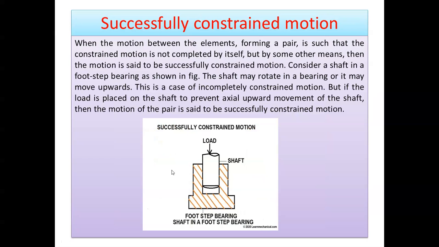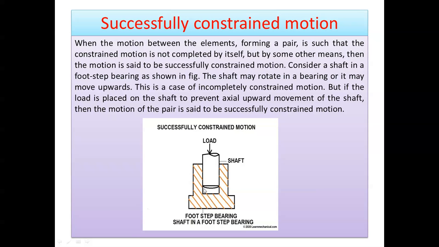Then next is successfully constrained motion. In this figure, you can see a footstep bearing. A shaft is there which moves upward and downward in that particular bearing, as well as rotates.